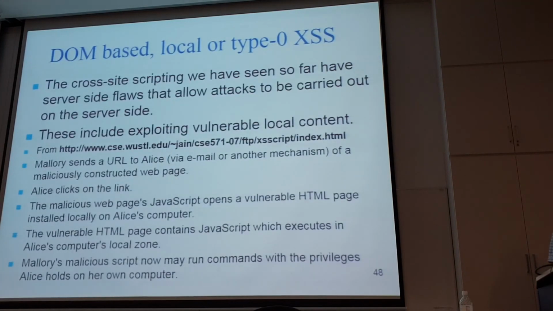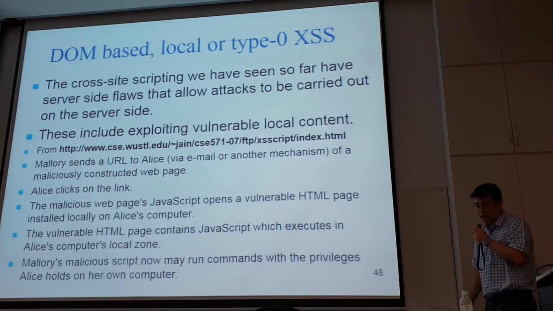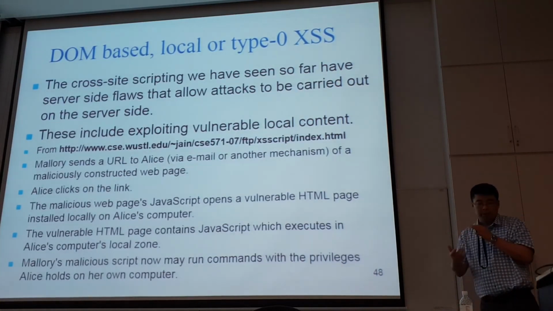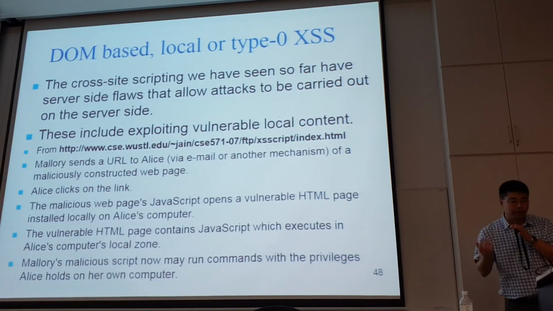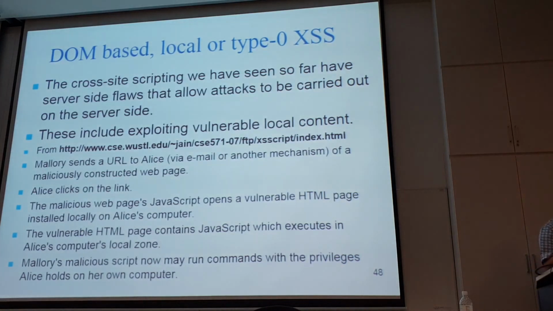And then there is another type which is called the local access. In this case, the attacker will exploit some vulnerability within the user's local machine. So now the server is no longer involved. For example, again, you can send a phishing email, and if you click the link, the link will point to some local content in the victim machine.